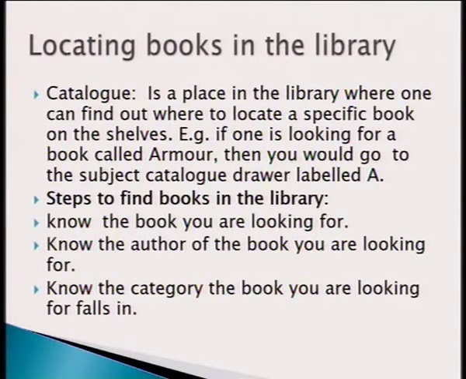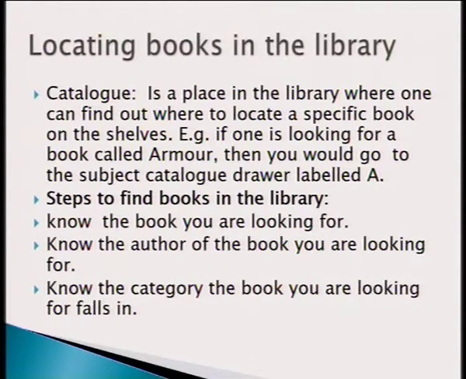Other steps you need to follow when looking for books in the library: you must know the book that you are looking for. You don't just go to the library not knowing exactly what you are looking for. Another easier way of finding a book is knowing the book you are looking for. Sometimes it's necessary that you know the author of the book.